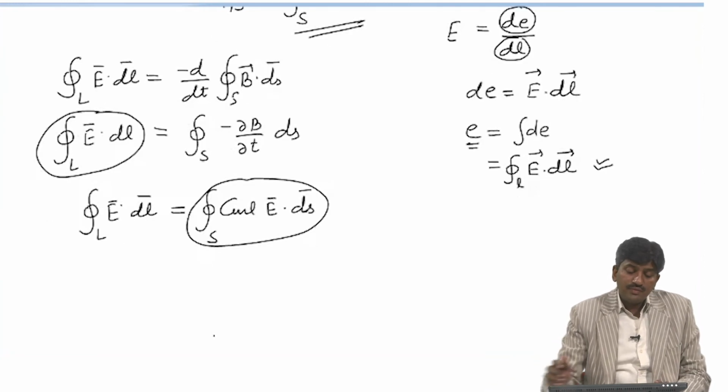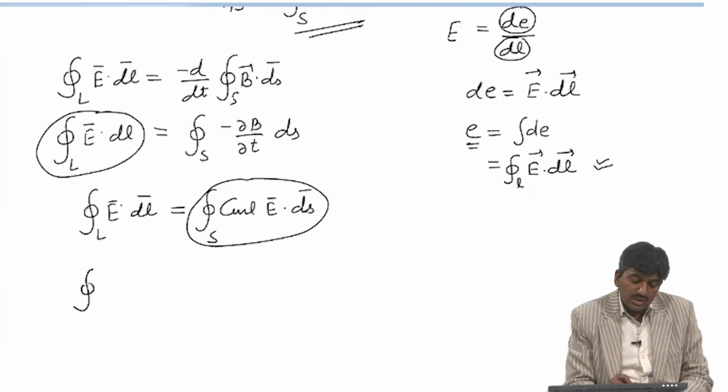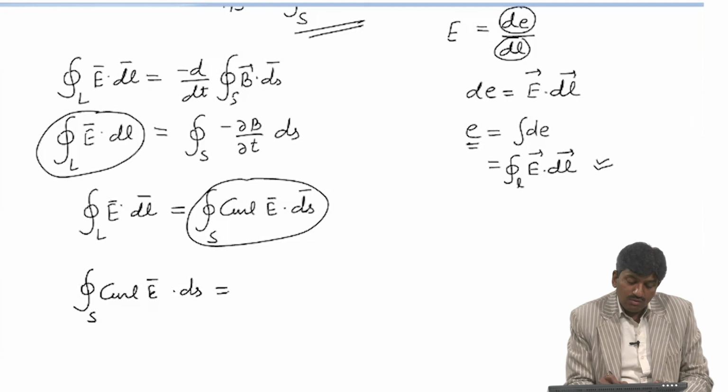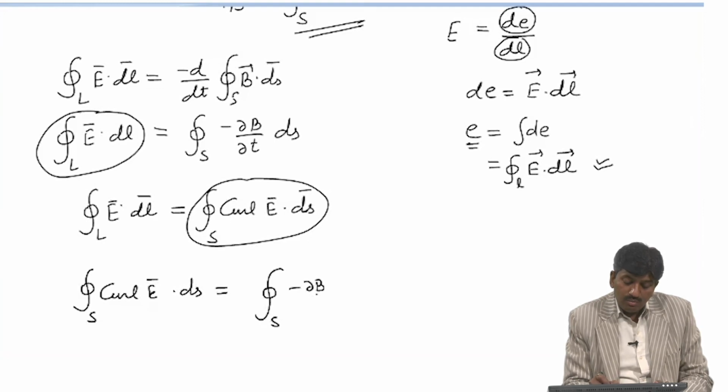So, it becomes surface integration of curl of this electric field is equal to surface integration of minus del B upon del t dot ds.